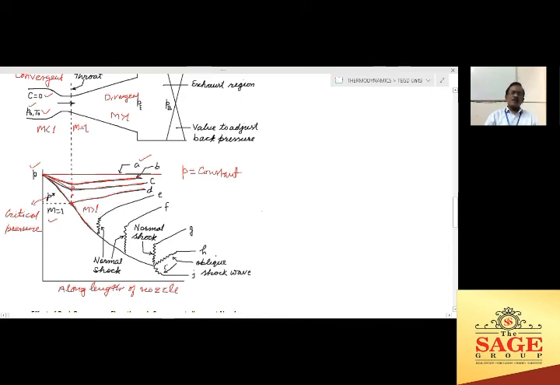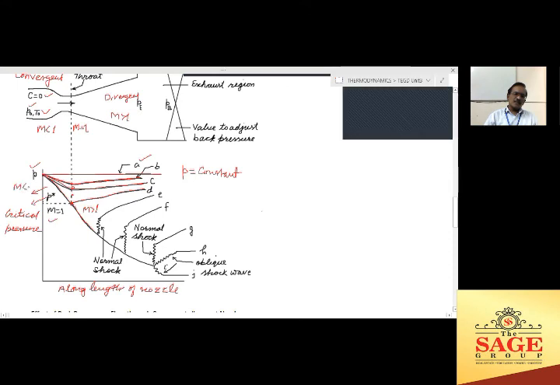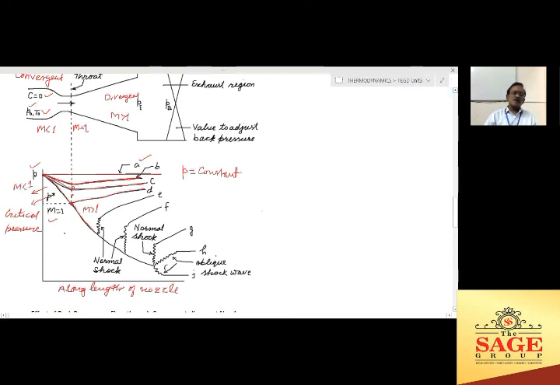In the convergent portion, we are seeing the Mach number is less than 1, and when the Mach number is less than 1, it is called the subsonic flow. If the Mach number is equal to 1, it is called the sonic flow, and if the Mach number is greater than 1, it is called the supersonic flow.